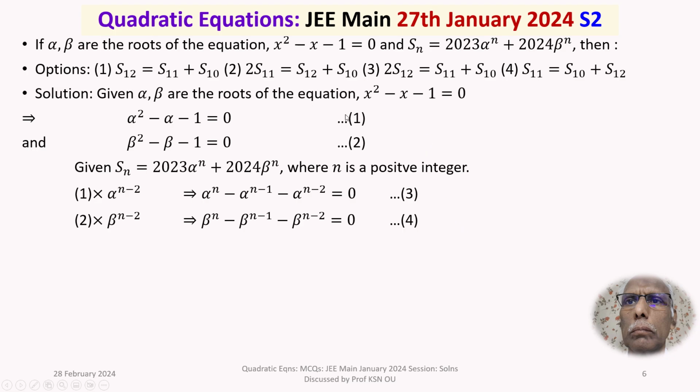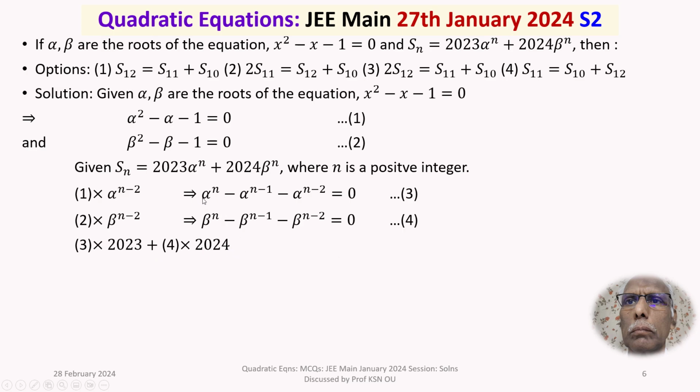Now it's very clear. Multiply the third equation by 2023 and thereby we will get 2023 into alpha to the power of n, and multiply the fourth equation by 2024 and then you will get 2024 multiplied by beta to the power of n, and add. We take the third equation multiplied by 2023 plus the fourth equation multiplied by 2024. So these two are added now.